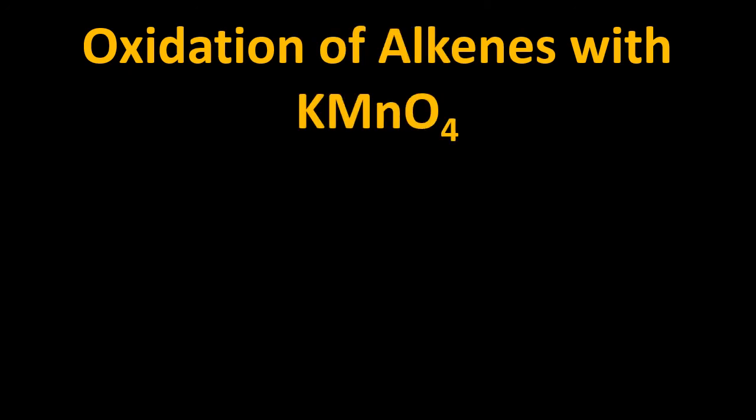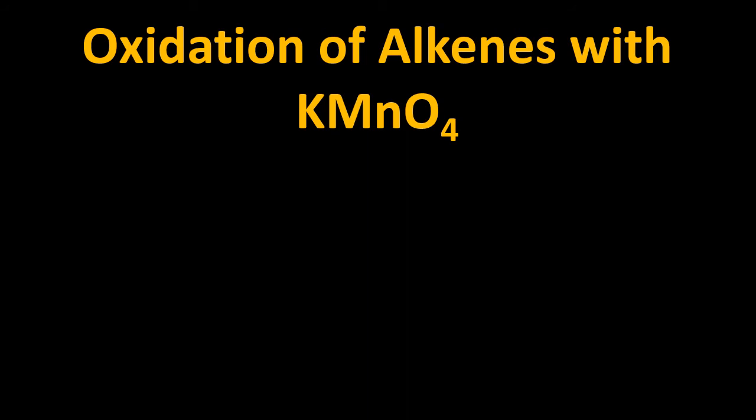Now the most important reaction is oxidation of alkenes with potassium permanganate. The word oxidation means gain of oxygen. There are some other definitions as well, which are loss of hydrogen and loss of electron. So it all represents oxidation.